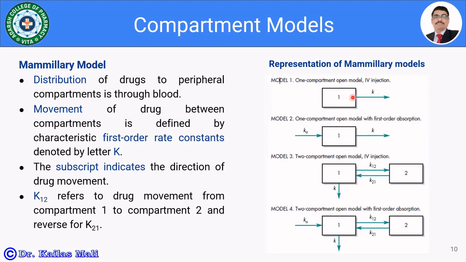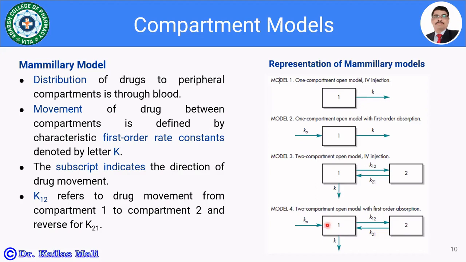The subscript here in the second, third or fourth model indicates the direction of drug movement, for example K1 to 2. So the drug is going to be moved from the central compartment into the peripheral compartment number 2. Likewise, K21 is from compartment number 2 to compartment number 1.